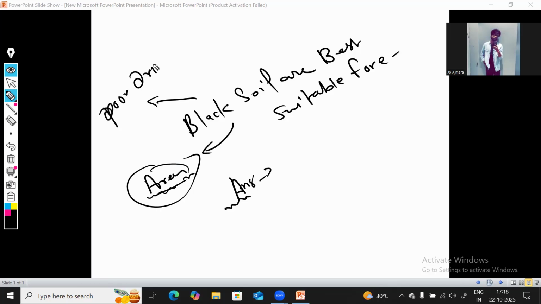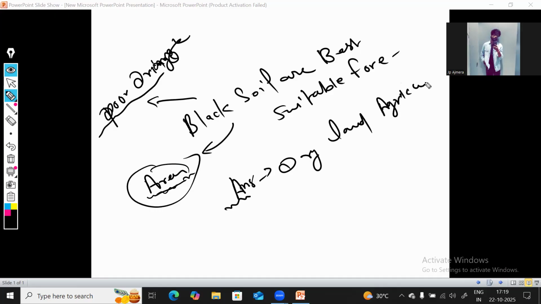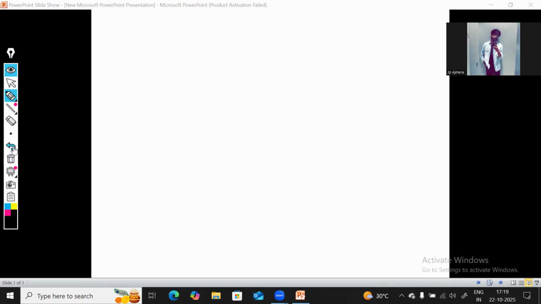We already discussed that poor drainage. So the answer is dryland agriculture. If there is a rainfed area, there will be lots of water, and poor drainage will happen in the soil.